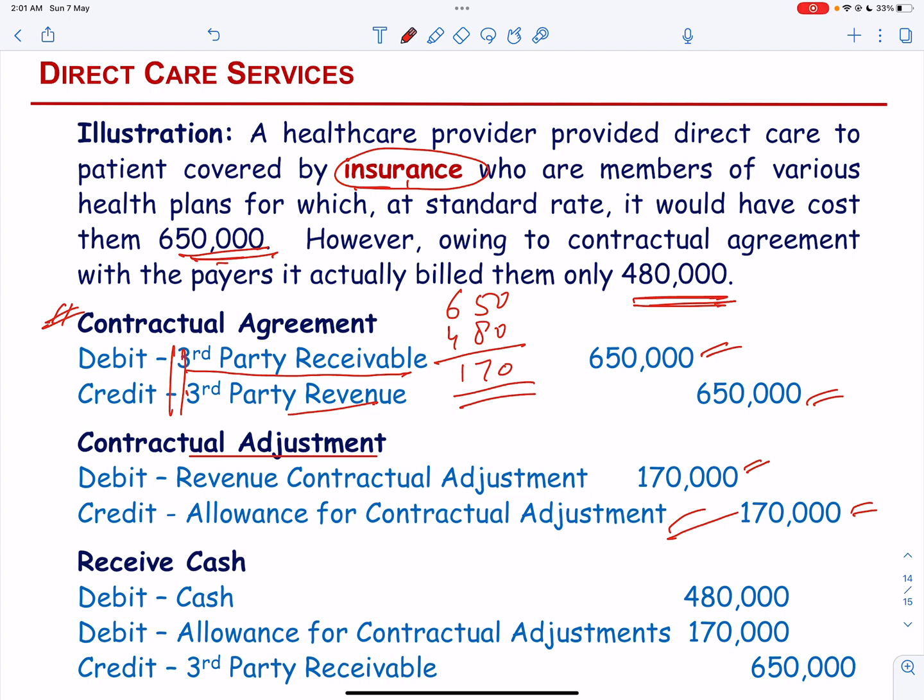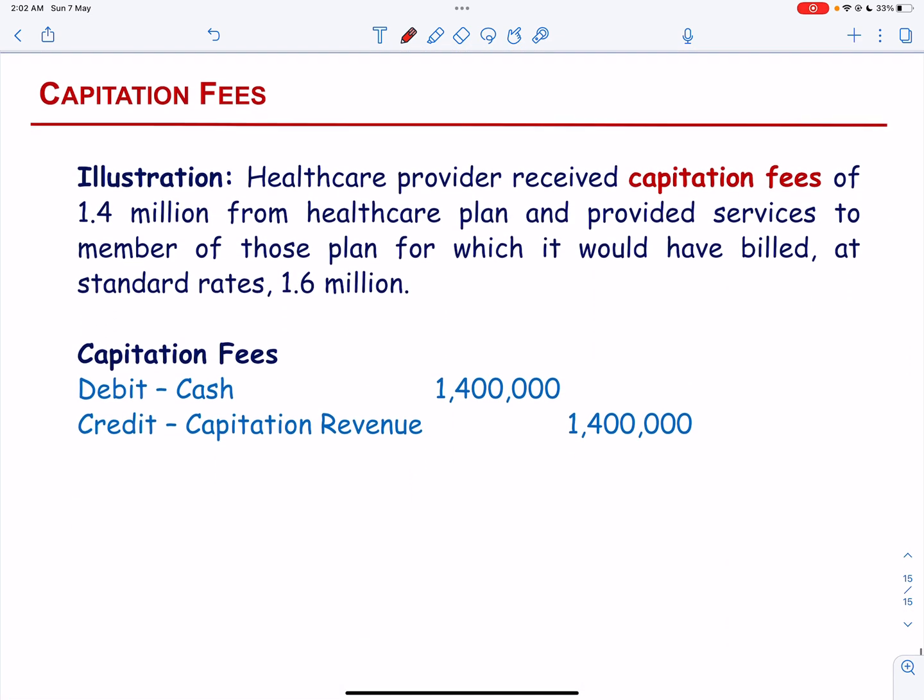Suppose they receive cash, as they have agreed, so cash will be debit by 480. Now allowance is going to be debit by 170, and the third party receivable will be credited by 650. So the revenues and the contra revenue will go to the income statement, and that's how they are going to be closed out.